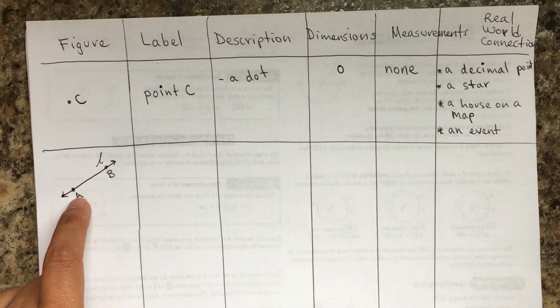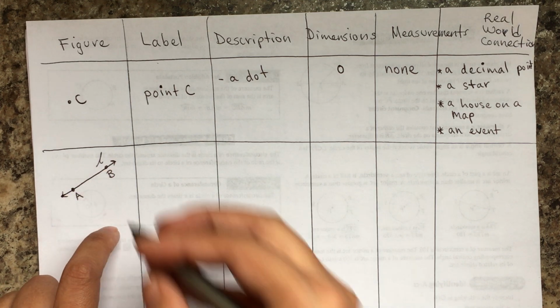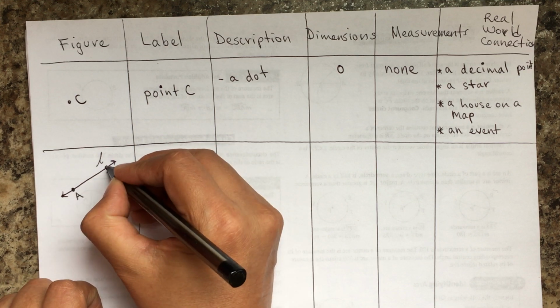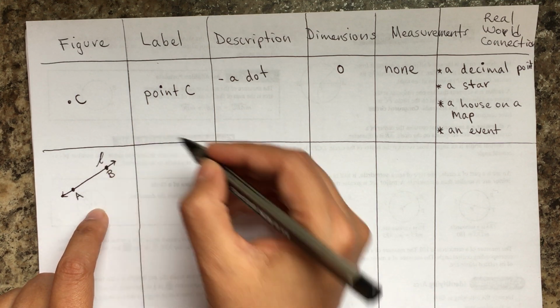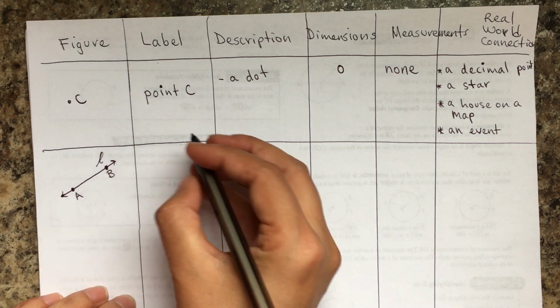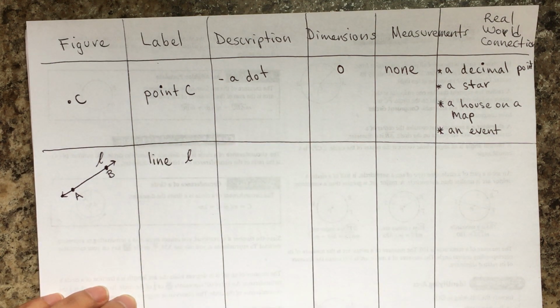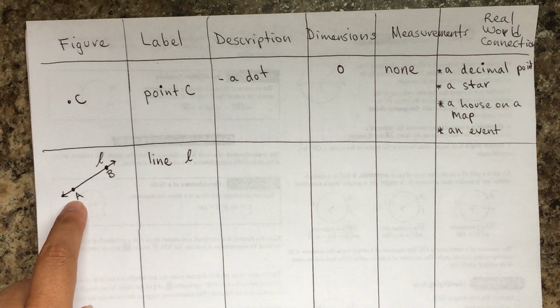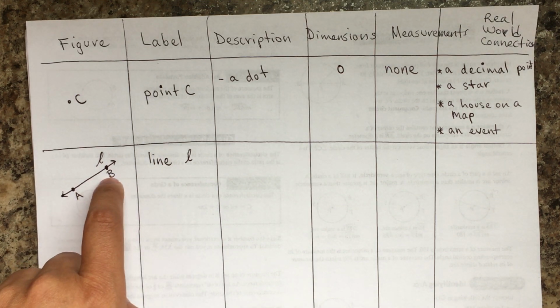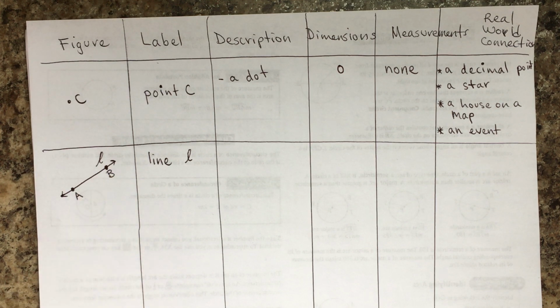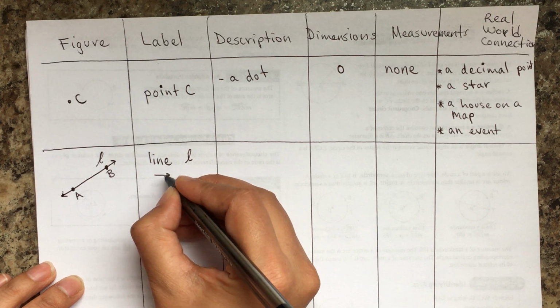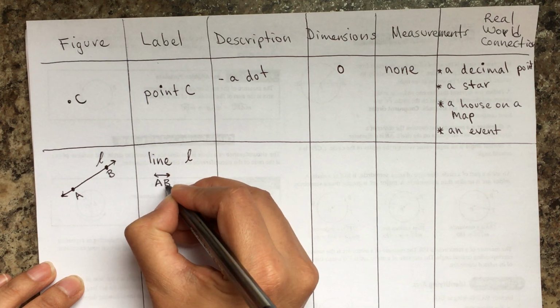And so this is A, and it's capital. A and B are capital because they're the names for these 2 points. And this is L, okay? And so the label, we can say that this is line L. But if we want to name it or label it by its points, we can also say line AB.